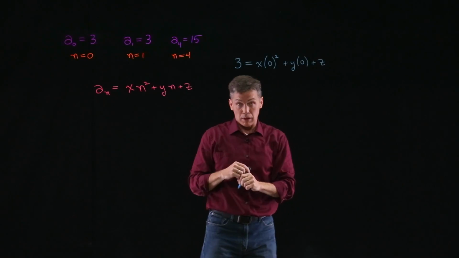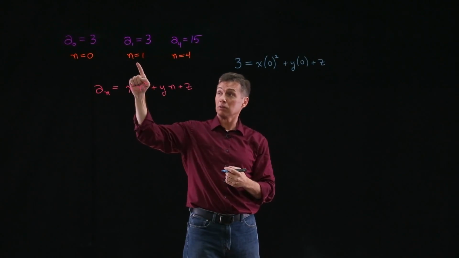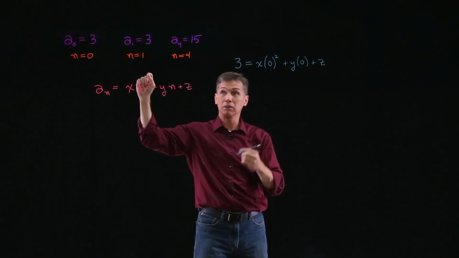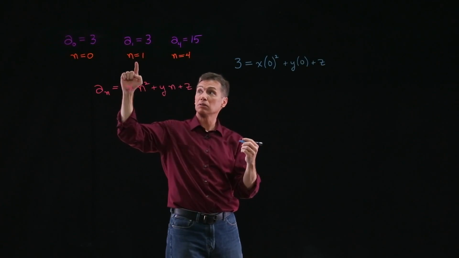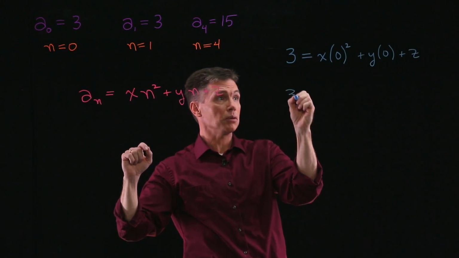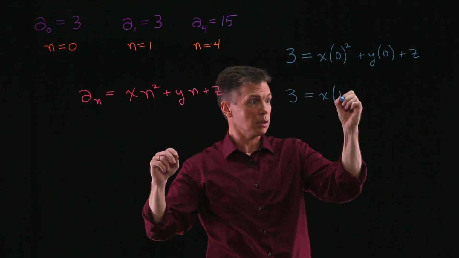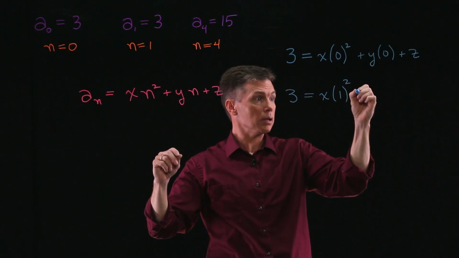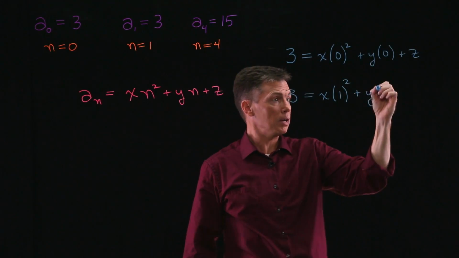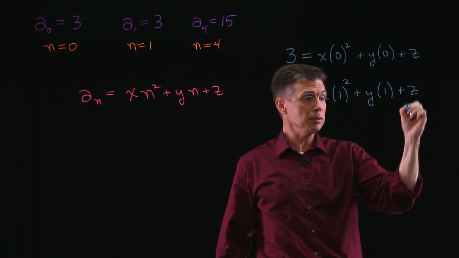Okay? Next, I use the same template, but I go on to my next term and have a different n value. So this time my a sub 1, which I know is 3, gives me this equation. 3 equals x times 1 squared plus y times 1 plus z.